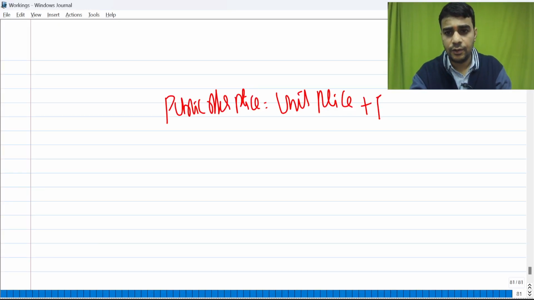What is the public offer price? 10.204. 10 plus front end load.